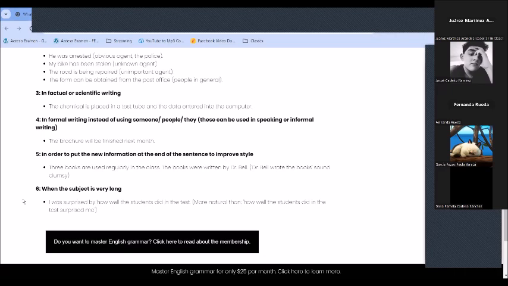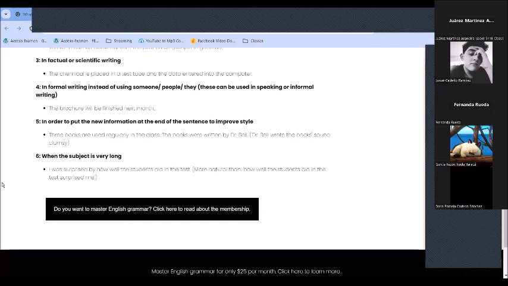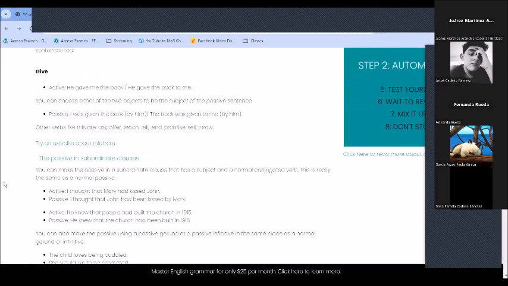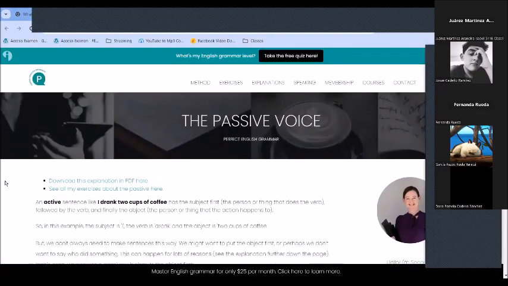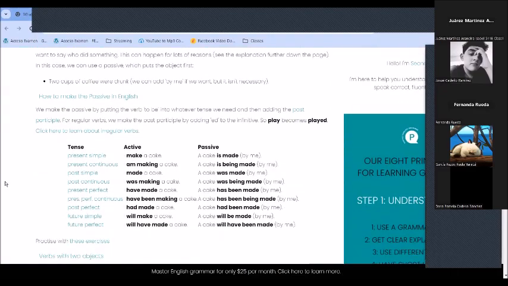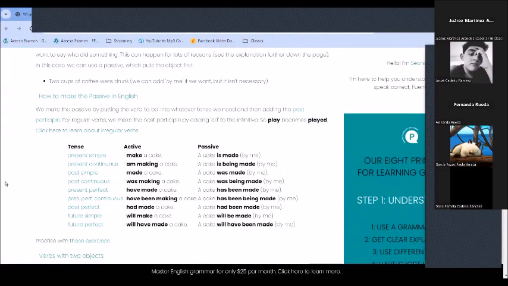So you might want to switch around what comes first. So these are some examples of when to use the passive voice.